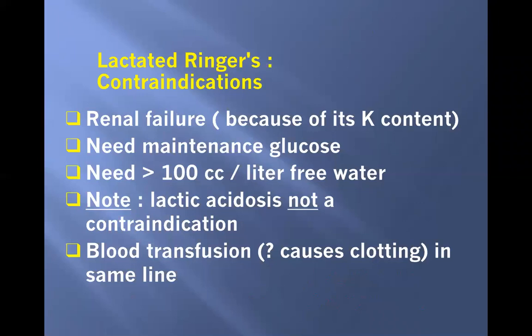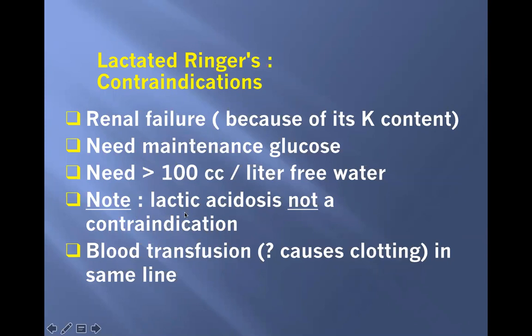The contraindication of ringer lactate is in a patient with renal failure because of the presence of potassium. And you know, one of the rules of giving potassium is a normal urine output. If the patient needs maintenance glucose, in this situation we have to give the fluid containing glucose. Also if the patient needs more than 100 ml per liter of free fluid.